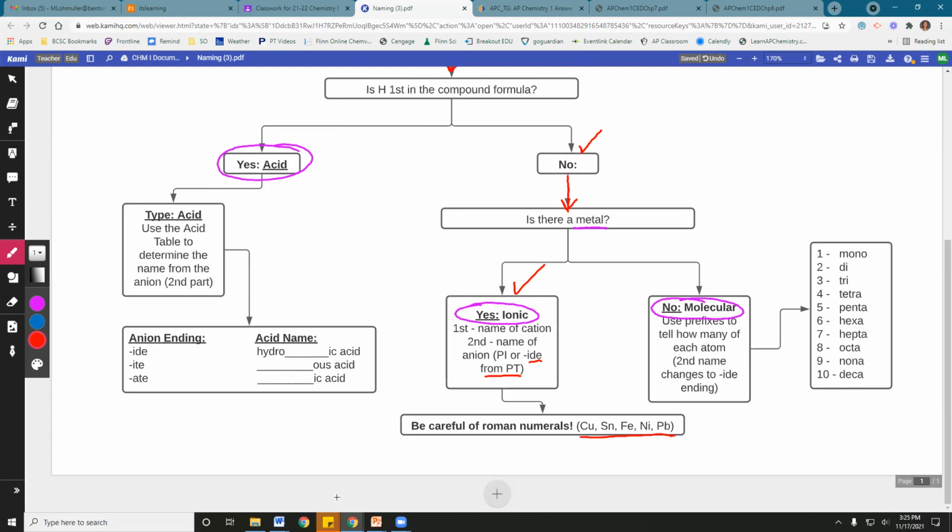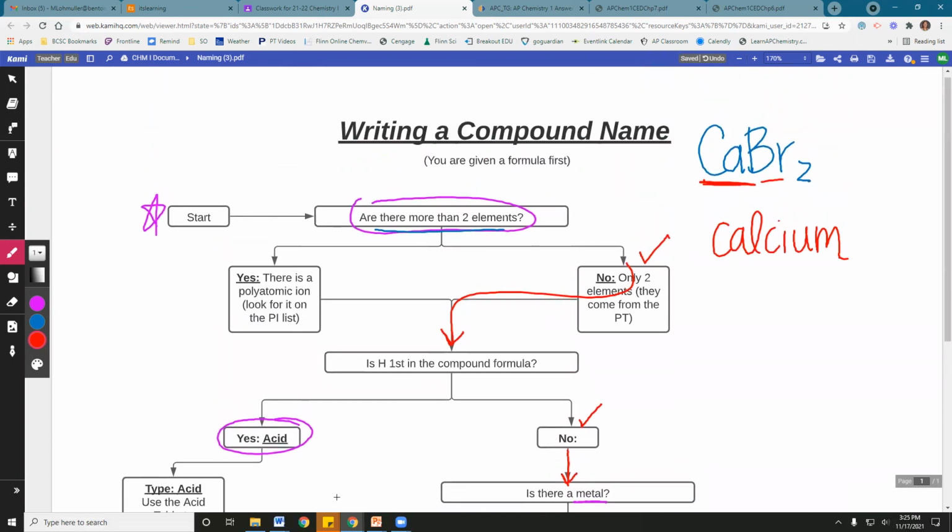Calcium is not on that list, so we don't need a Roman numeral. But then the Br, instead of calling it bromine, we would name it bromide. And that is it: calcium bromide. We do not use a prefix for the two because it is not molecular. That is the correct answer for an ionic compound name.